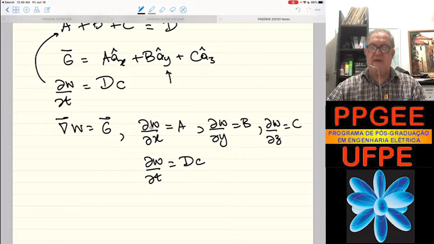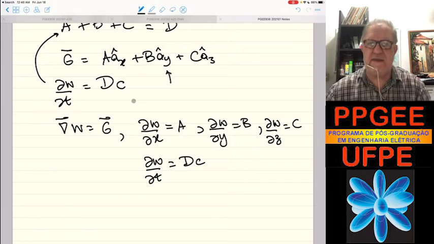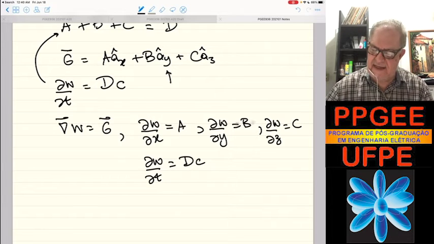So what happens here? The second derivatives are all of them 0. So it means that W satisfies the wave equation. And also has this additional restriction that W has a constant gradient. So in other words, something like this.